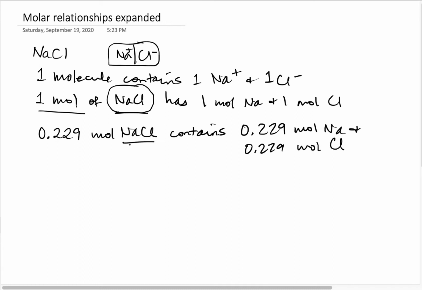So we use the cues from our molecular formula and the stoichiometry of how much of each element appears to see what this relationship is. We can say that we have 1 mole of sodium per 1 mole of sodium chloride, or 1 mole of chlorine per 1 mole sodium chloride. That is our molar relationship.